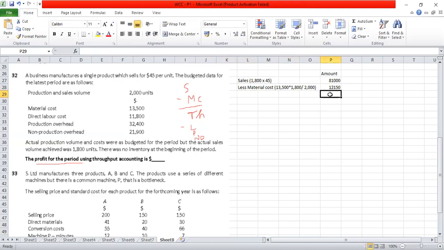Okay, so deduct this. The resultant figure is called throughput.